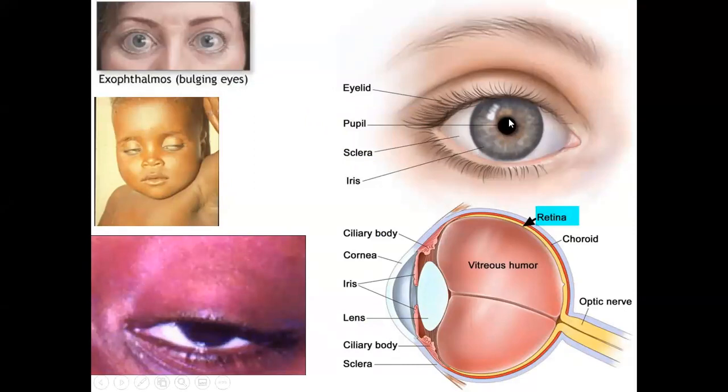When the pupil is constricted, we call it miosis. Medications that can cause pupil constriction include pilocarpine or acetazolamide.